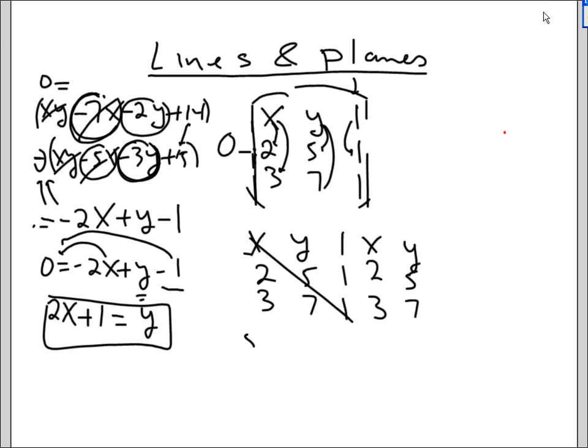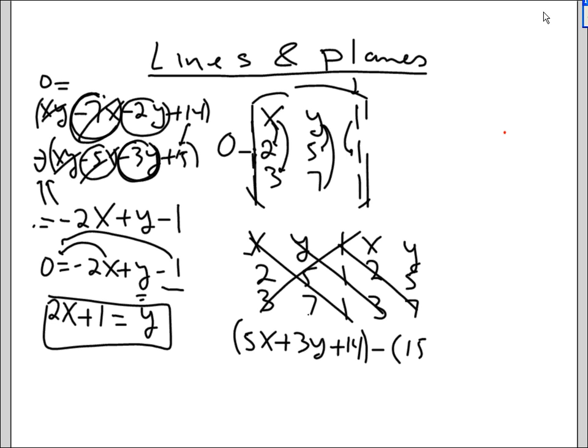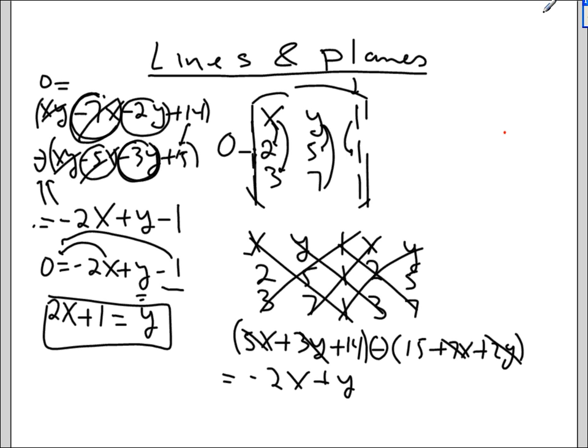And here you get 5x plus 3y plus 14, and then you take away 15 and 7x and 2y. 5x minus 7x is negative 2x, and 3y minus 2y is plus y, and 14 minus 15 is negative 1.